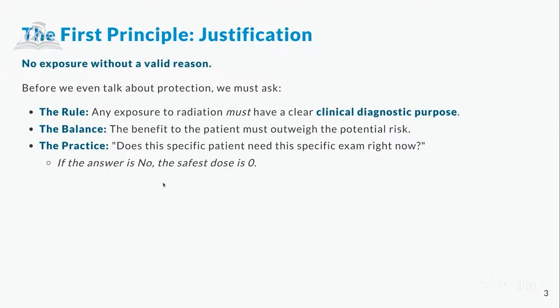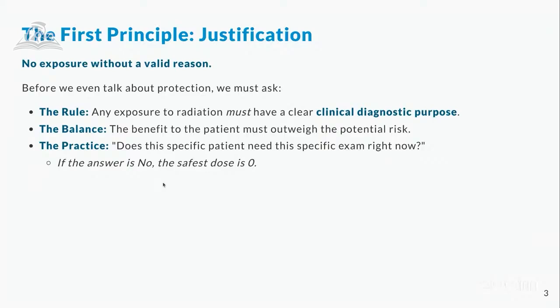So we have a very important principle when it comes to radiation, which is justification. The principle is very simple: no exposure without a valid reason. Why is this important? Because we consider any exposure to be a risk. So now what we have to do is establish that the benefit outweighs the risk of any exposure. So we must have a clear clinical diagnostic purpose.